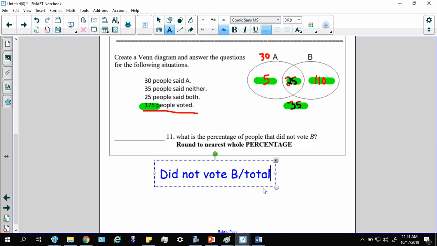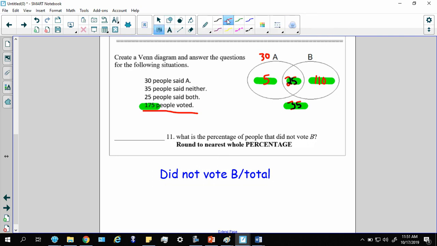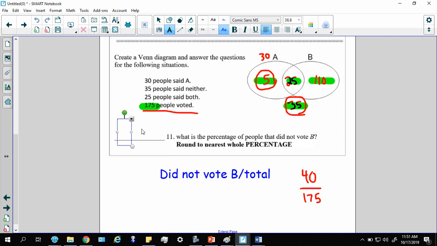The people that did not vote for B, let's see if I can just circle it here. This 5 did not vote for B. This 35 did not vote for B. So that's a grand total of 40. So it's going to be 40 divided by the total, which is 175. So when you do the math, you get 23% rounded.